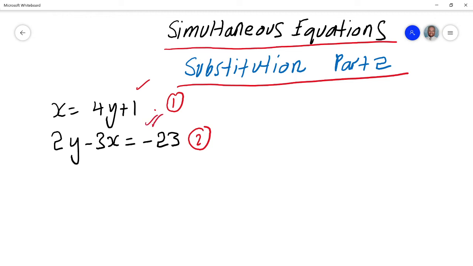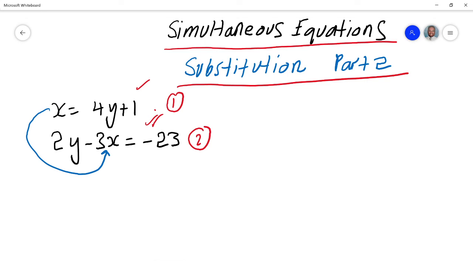What do I need to do? Now, I can see the value of x is given here. So literally what I can do is put the value of x in the second equation. So that's what I'm going to be doing. I'm using the arrow to show you my point of approach.